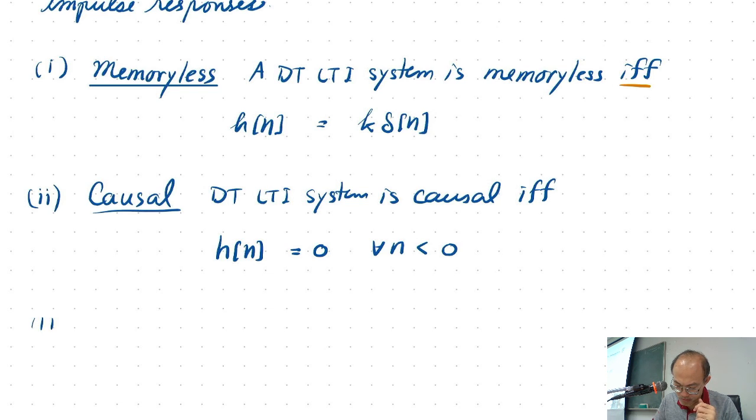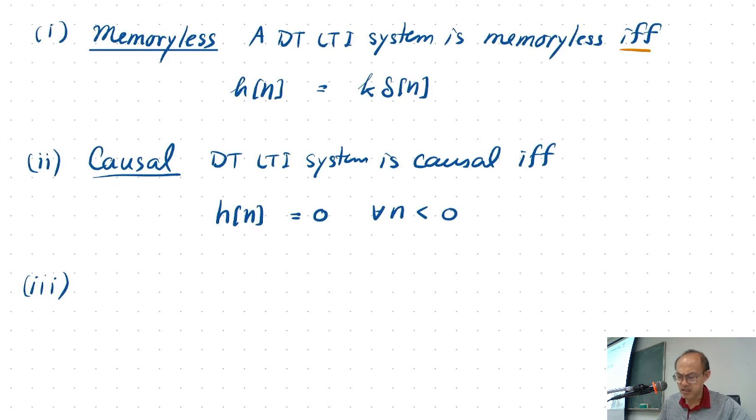The third property that can be easily determined if the system is LTI is BIBO stability. If you recall, BIBO stability is the trickiest one to determine, right?